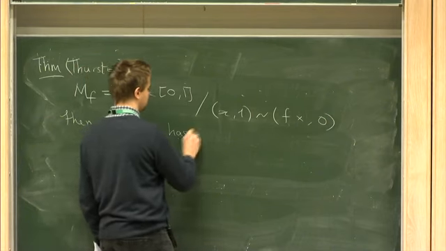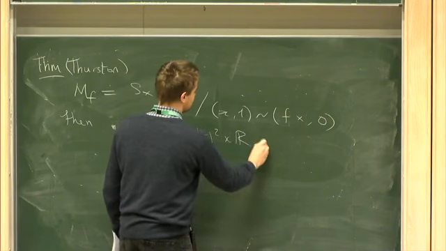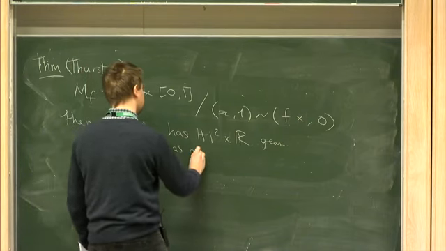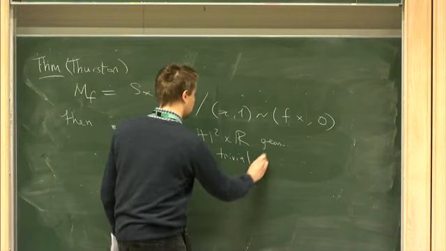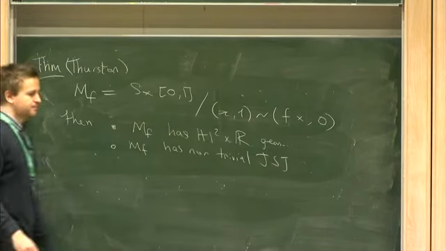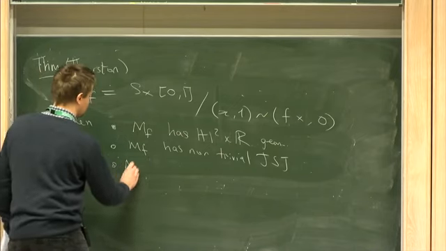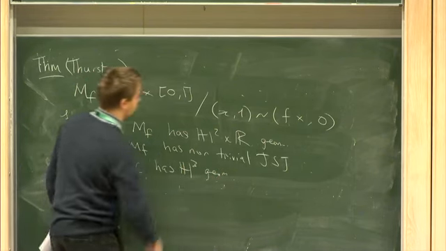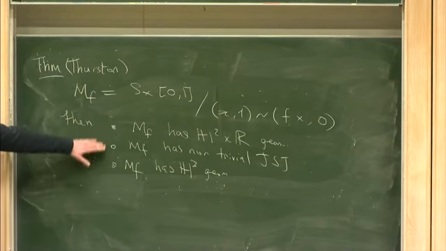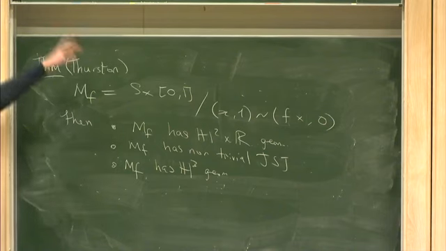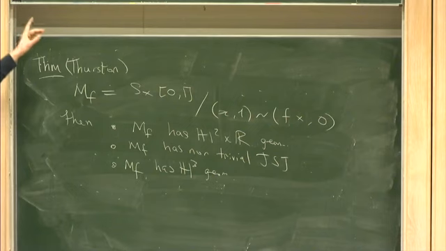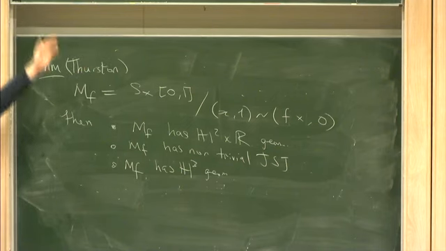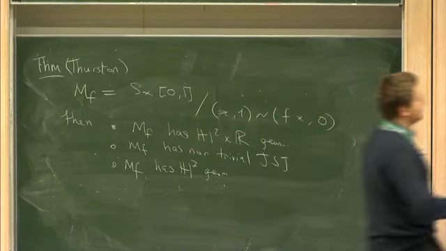Either M_F admits H2 cross R geometry, or M_F has a non-trivial JSJ decomposition, or M_F has hyperbolic geometry. Each of these cases corresponds respectively to the cases up here. In particular, M_F has hyperbolic geometry if and only if F is pseudo-Anosov.